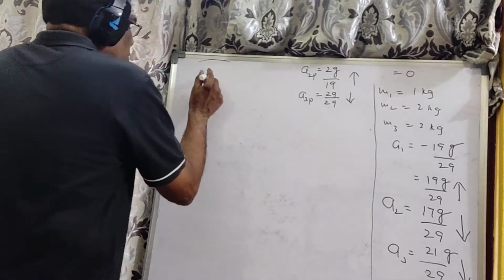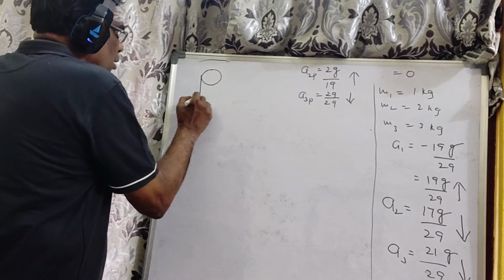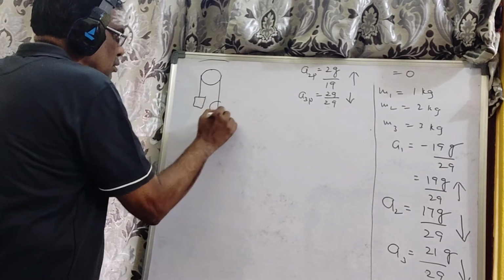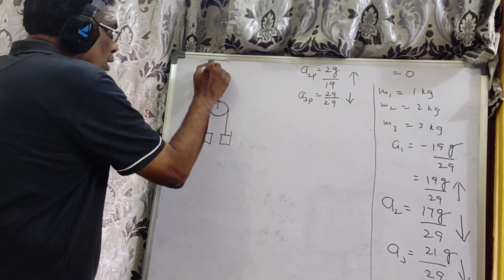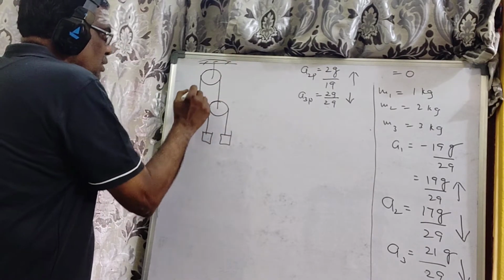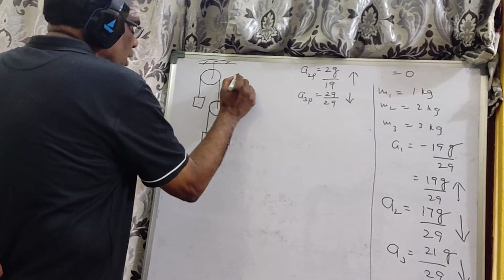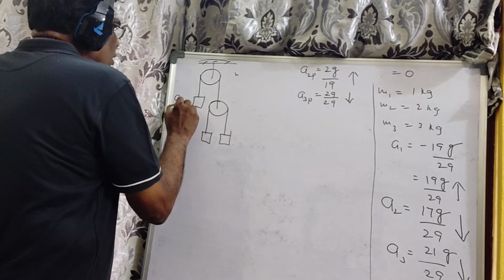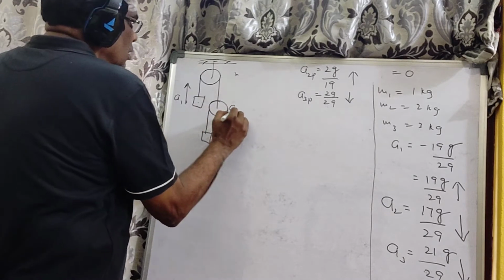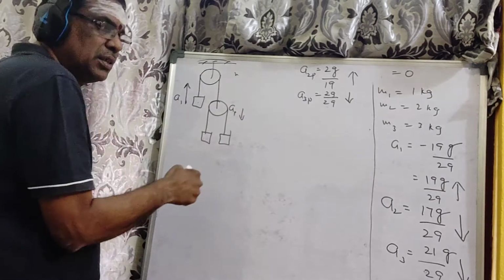I draw that body as before. Right. As far as the first one is concerned, there is no change. Now I'll take A1 so that AP is downwards.